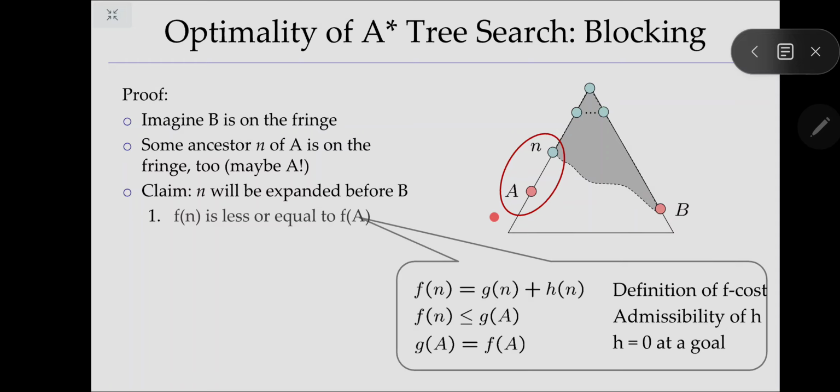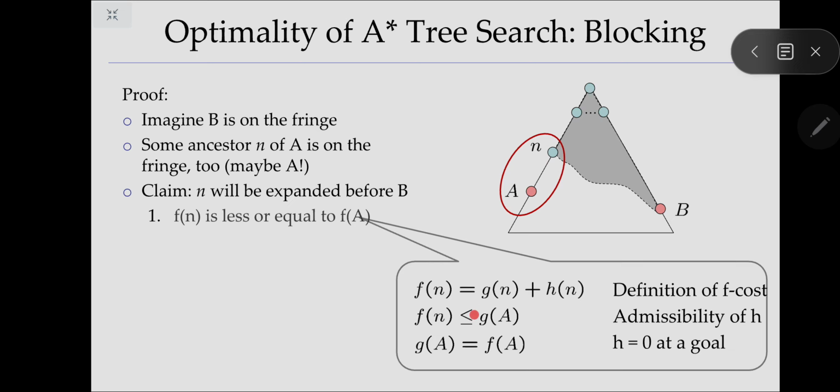The first one: we claim that N is expanded before B. To show this, we consider the relationship between Fn and Fa.